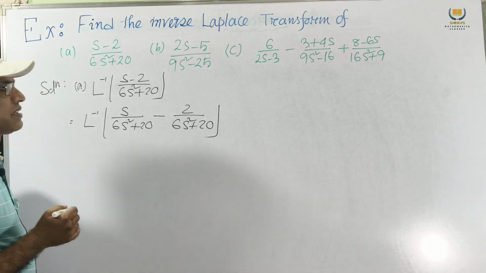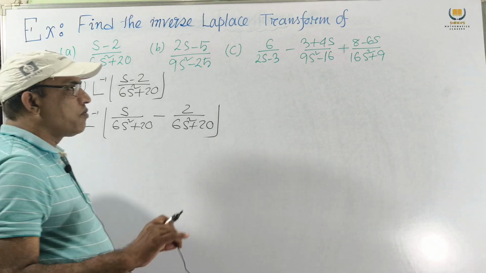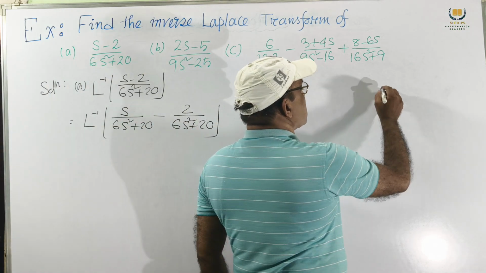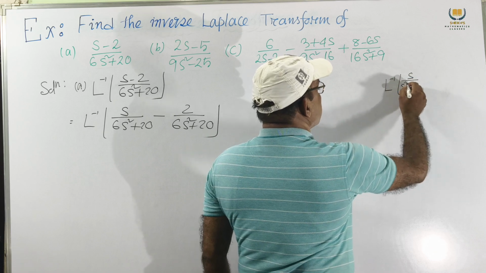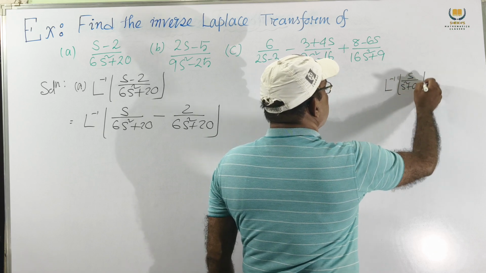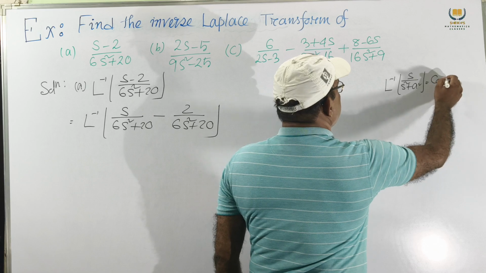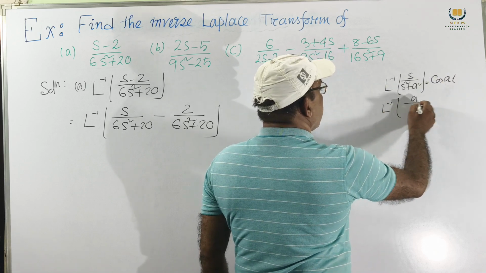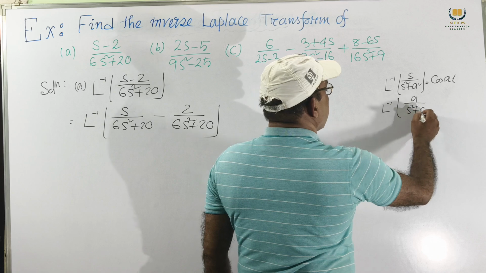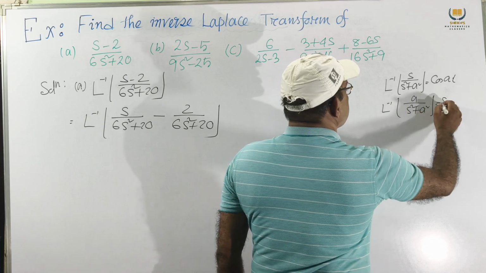Now we know these formulas for the inverse Laplace transform: L inverse of s by (s square plus a square) is cos at, and L inverse of a by (s square plus a square) is sin at.